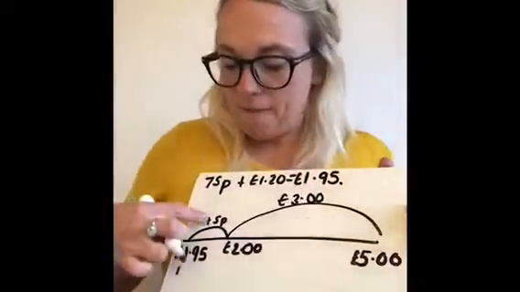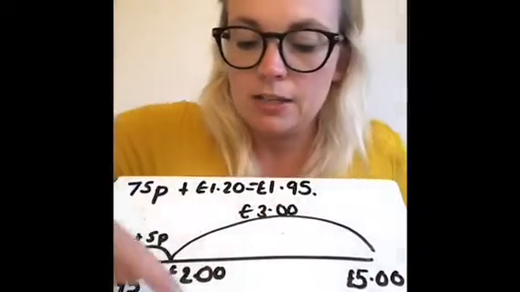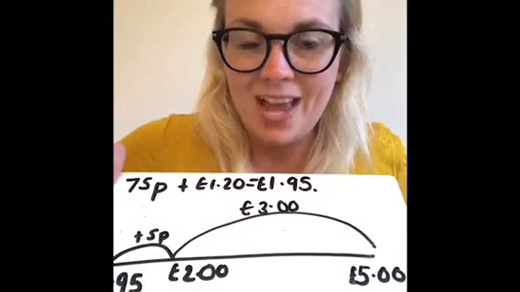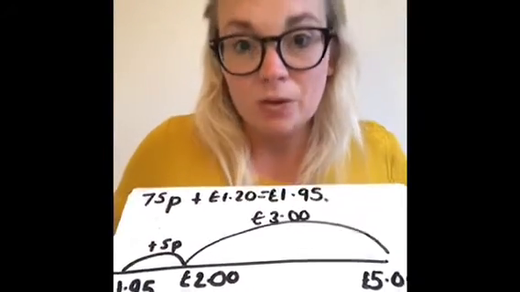I'm adding on £3. I add my £3 and my 5 pence together, and I've got £3 and 5 pence. And make sure when you write that, there are no tenths, so you're actually writing it as £3 and 5 pence, like that.